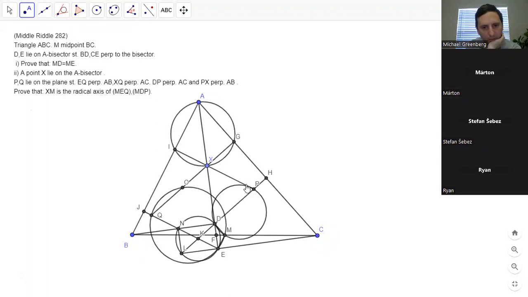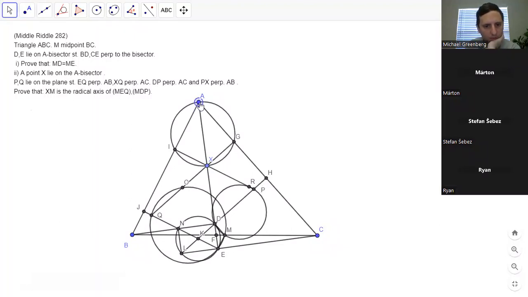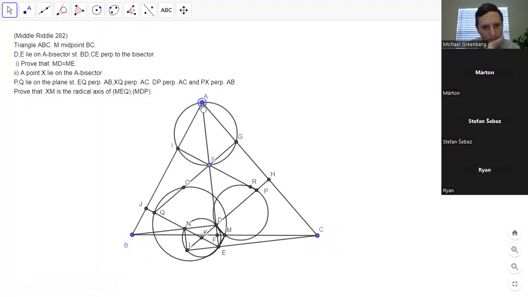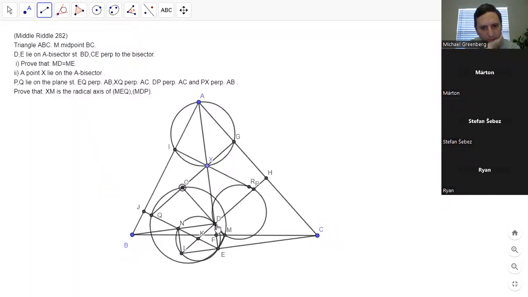Then I think it's an angle chase to show that ODM and EMR are collinear. And since we want to show this radical axis thing, then it is enough to show that QORP is cyclic.